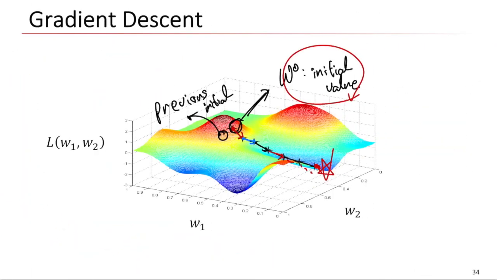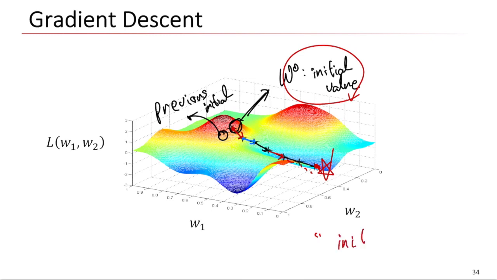So what does this mean? We have to choose more proper initial values to make our gradient descent algorithm converge on more optimal values.